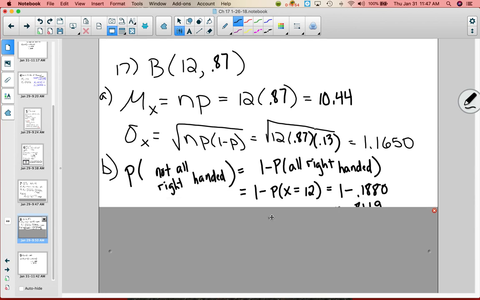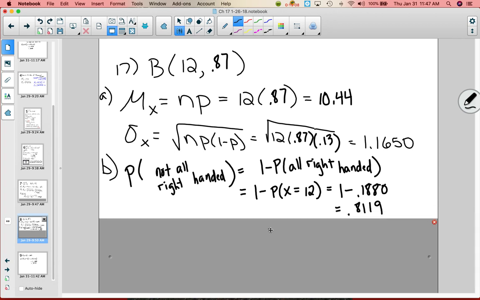Then that would be 1 minus the probability that x equals 12 using this particular binomial model. The probability that all 12 of them are right-handed is 0.1880. So the probability that not all of them are right-handed is 0.8119.